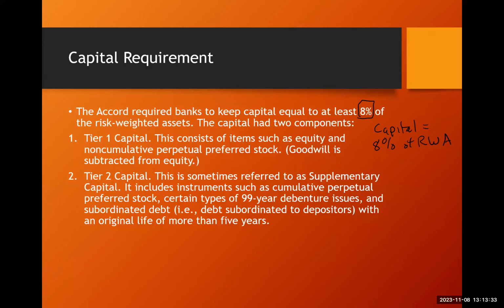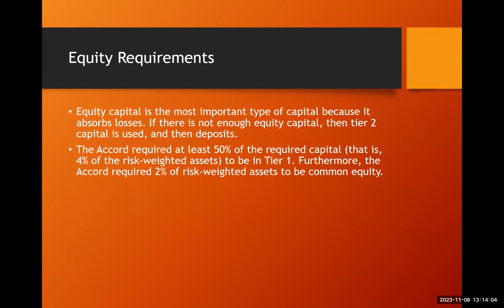This includes equity and other things, but equity is really the important part of it. And there's tier 2 capital, which is all the other capital that the institution can offer up. So 8% of risk-weighted assets has to be saved as capital. 50% of that required capital has to be tier 1, of which 2% has to be common equity.